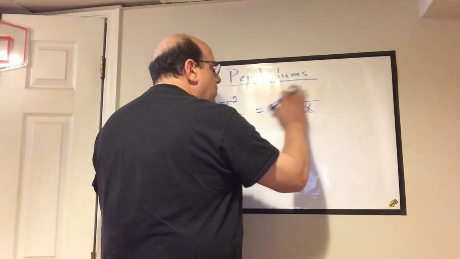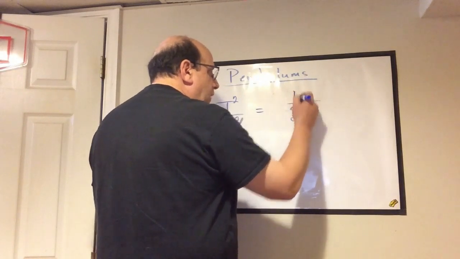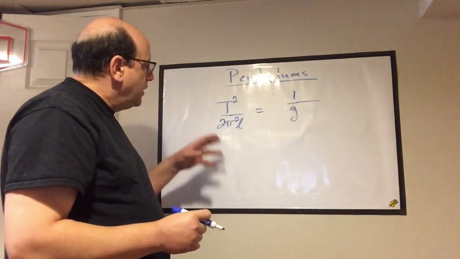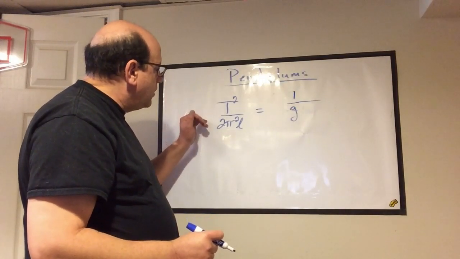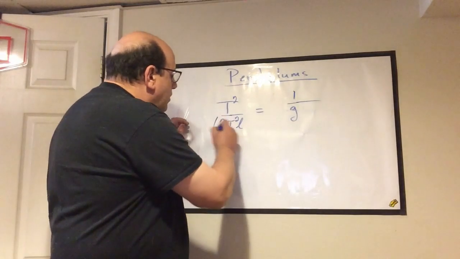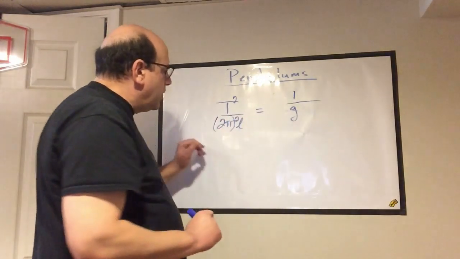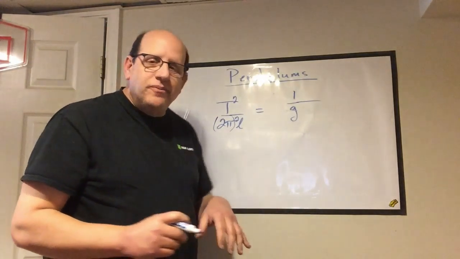So what we end up with right now is 1 over G is equal to T squared, the time period squared, times 2 pi squared over 2 pi squared times L.